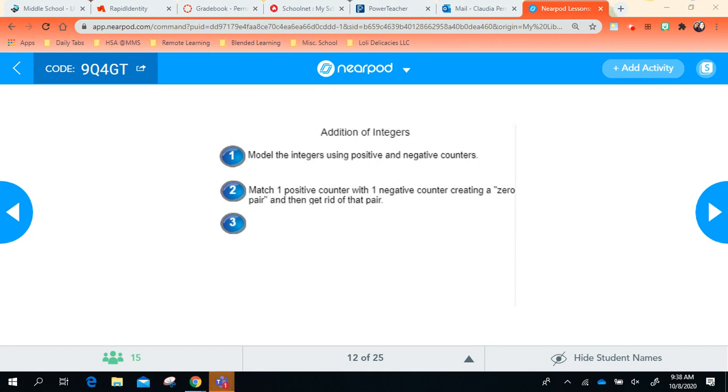Second step, you match 1 positive with 1 negative, creating what we talked about, 0 pairs. And then we get rid of those pairs. That is your second step. So that's the second step you should be writing down.